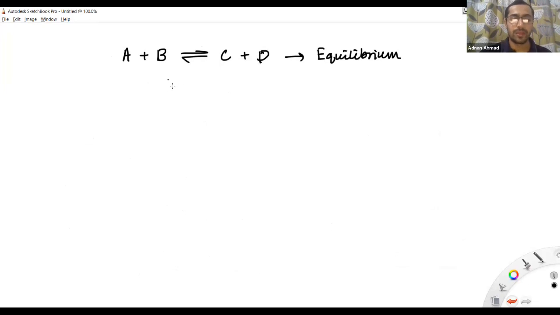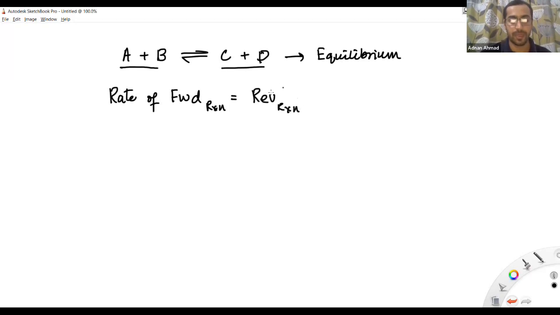All right. Let's suppose I disturb this chemical equilibrium. At the moment, the rate of forward reaction is equal to the rate of reverse reaction. Now let's say I add A, so I am increasing the concentration of A. What will happen?